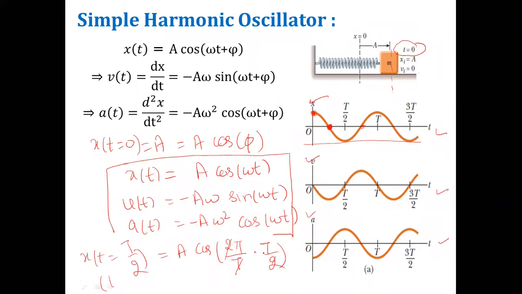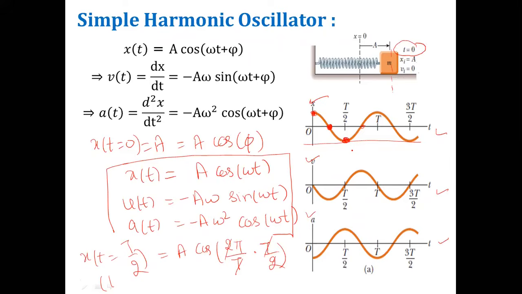Again, what would happen is your T will cancel each other out. You will have cosine of pi. Cosine of pi is minus 1. So you'll have your displacement equal to minus A. And that is this point here.